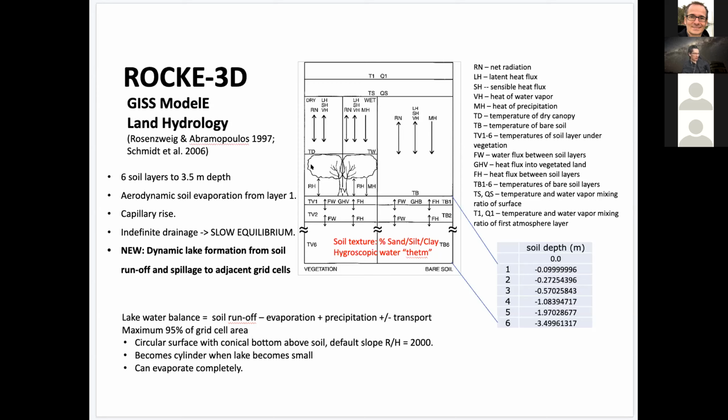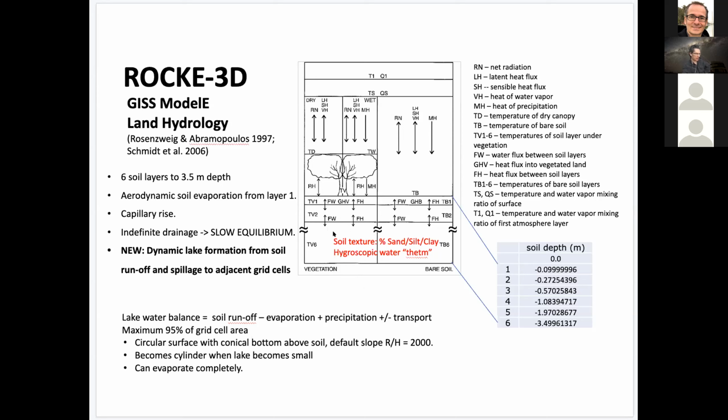All these arrows are different fluxes, and all subdivisions here are different fractions of surface. Snow and CO2 condensate were not even put on this plot, so they also complicate the picture. Roughly, we have 6 layers of soil in this model.